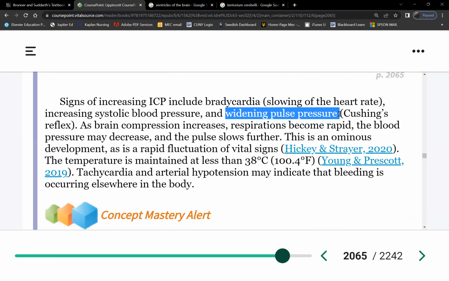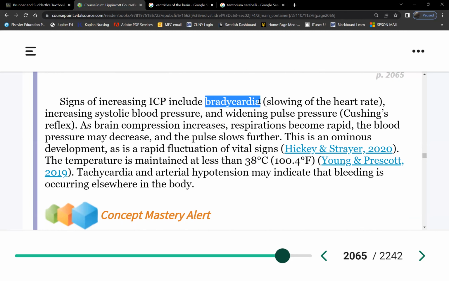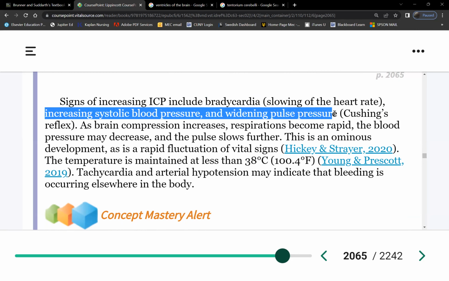However, I don't know which book the NCLEX will use, because other authors list bradycardia, then number 2 as one combined item: increasing systolic blood pressure with wide pulse pressure.